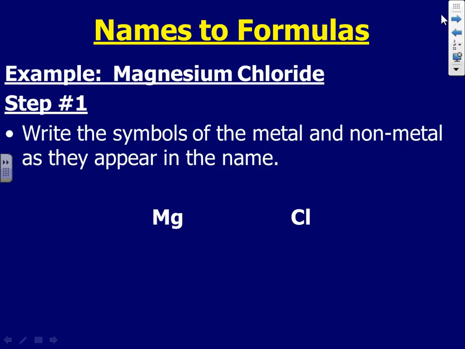It's funny because I did magnesium chloride as the example. I didn't even realize that was going to be this example, but that's okay. The example we're going to do is magnesium chloride. So I give you the name magnesium chloride. The first thing you do is write the symbols for those two things.